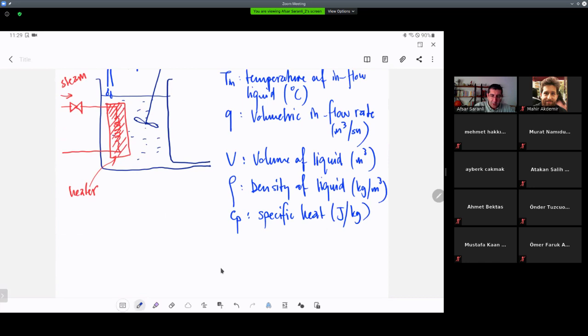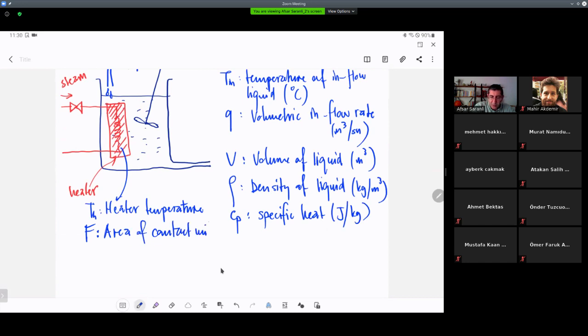Now, let's also define the heater. The heater will have a temperature, heater temperature. It will have a contact area with the liquid, which will determine how heat is transferred.